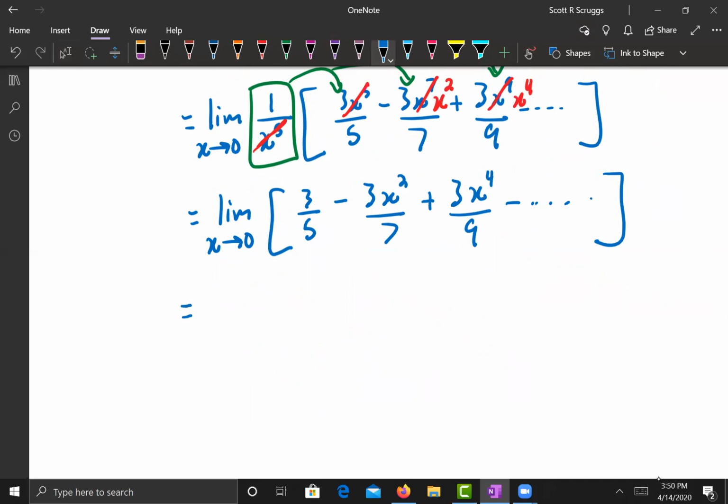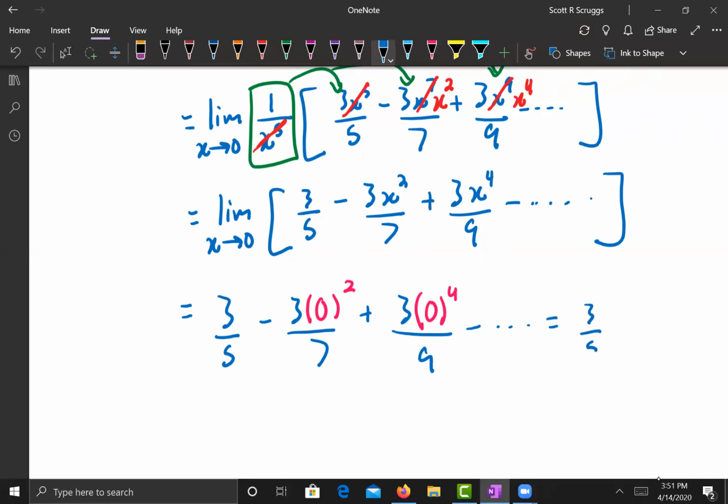Meaning my final answer will be 3/5 minus 3 times 0 squared over 7 plus 3 times 0 to the 4th over 9, dot dot dot. Everything will get 0, and that leaves me with just 3/5.